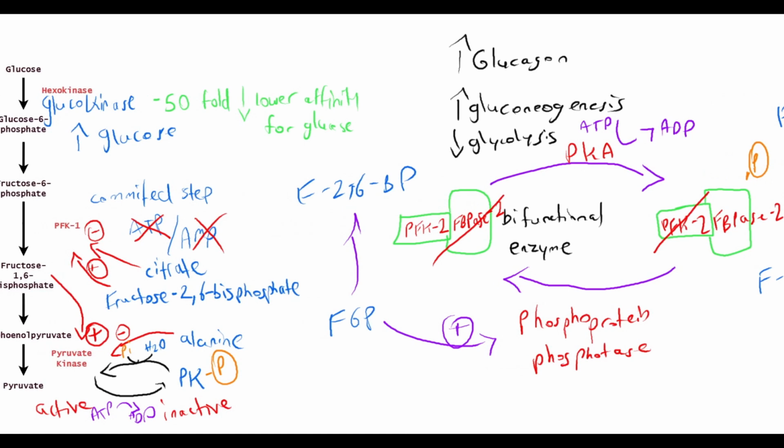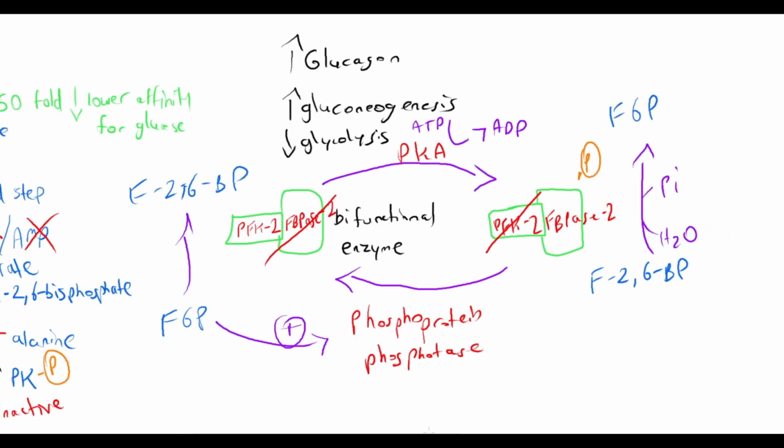It goes and activates phosphofructokinase 1. Therefore, you have glycolysis active. And in this case, you have an increase in insulin levels. Therefore, you have less gluconeogenesis and an increased amount of glycolysis.